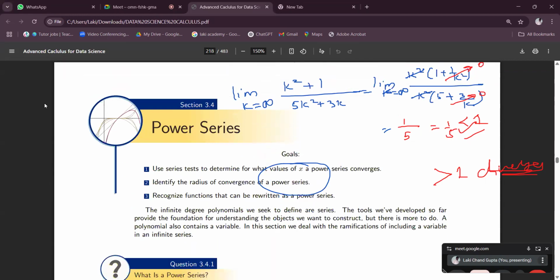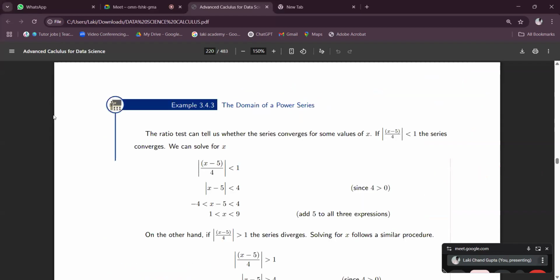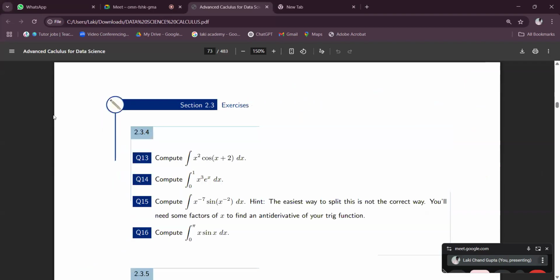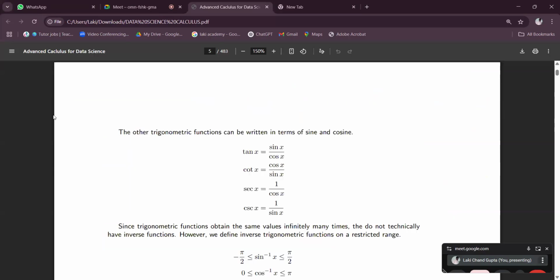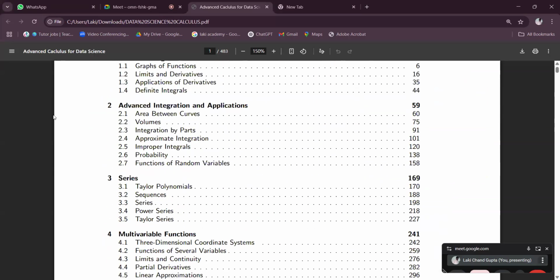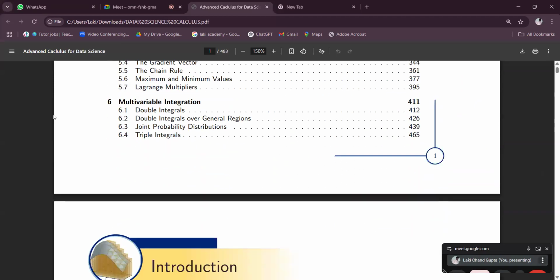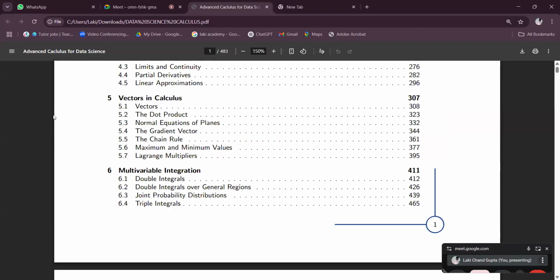So next time we will discuss power series, and after power series, then Taylor series. We can do that, yes. So, did you understand today's topic?